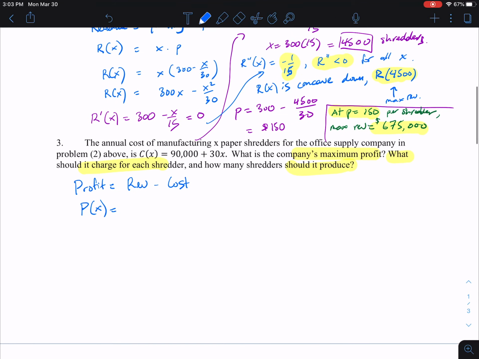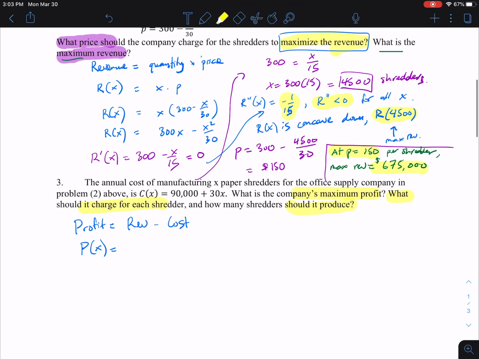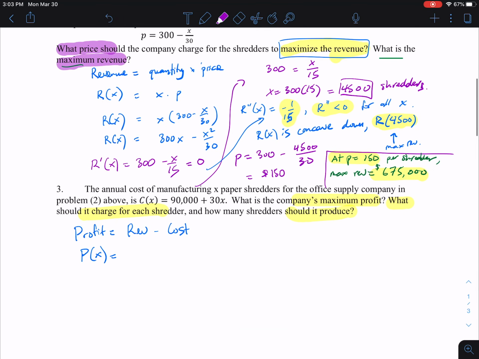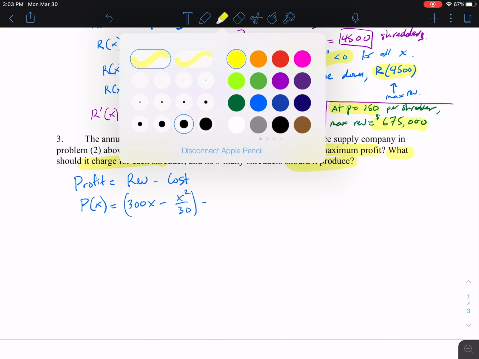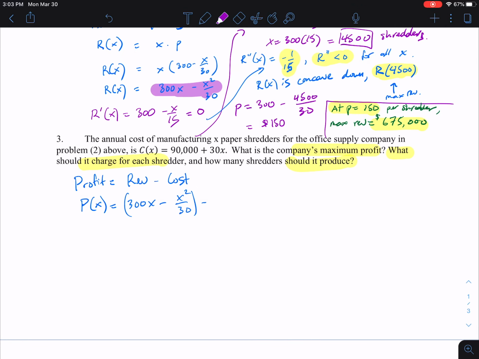The revenue function we found already in the previous video, and that is 300x minus x squared over 30. We're going to subtract the cost function, which is given in this example.